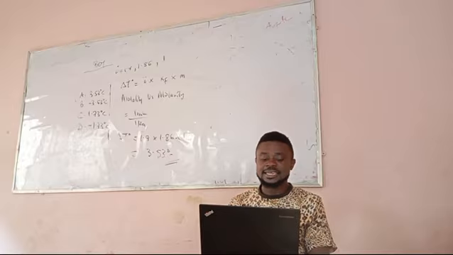A, packing list. B, packaging. C, waybill. D, requisition, issue, and receipt voucher. What's the answer? A is what? Packing list.